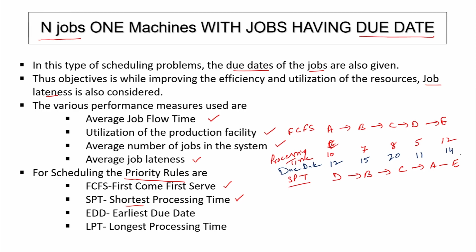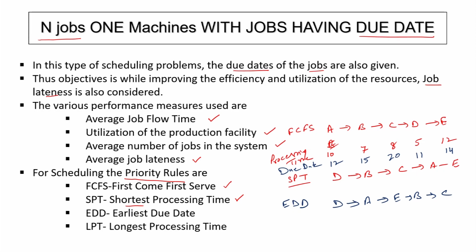If the due dates are given to me, then as per the earliest due date policy, I should prioritize the job which needs to be shipped first. That is on the 11th day, D is required. So, D will get the highest priority because it has the earliest due date. Then the priority goes to A, then E, then B and then C. So, this is my sequence of jobs if my priority is earliest due date.